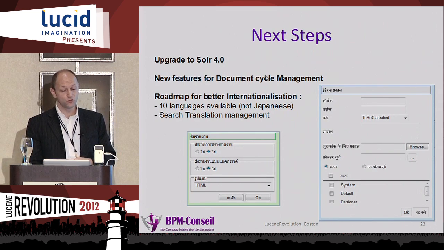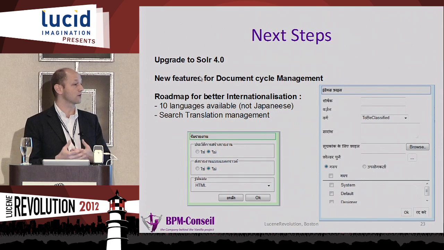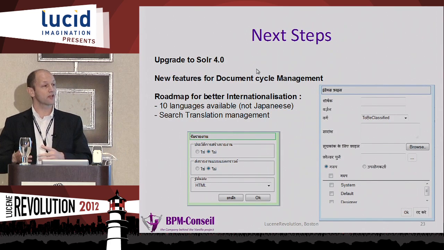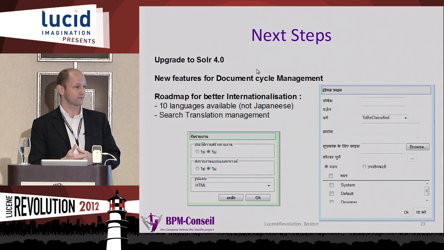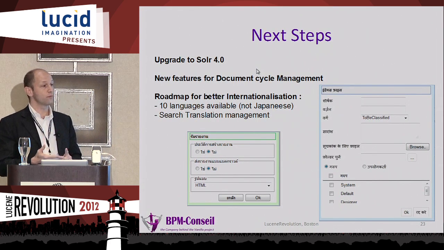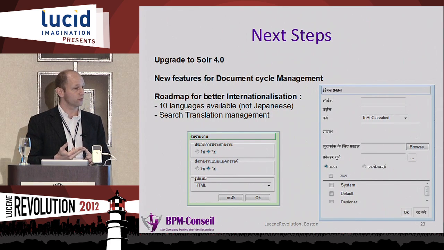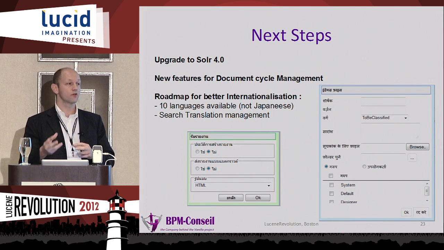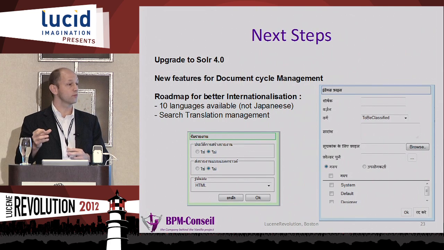We will add some new features for document cycle management because we have a lot of questions and requests from customers about this. Okay, like I told before, can we compare two versions of a document to look for specific keywords in different documents without having access to the document or not?